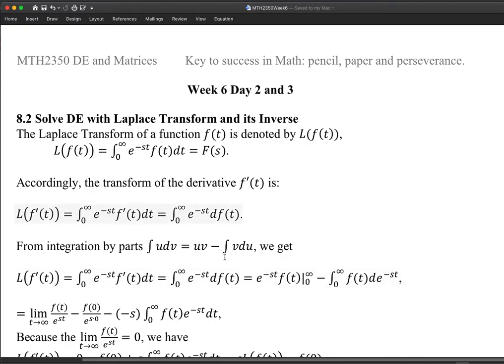Certainly this is an improper integral, so u times v is still evaluated using the fundamental theorem of calculus. Okay, and this time let's assume, because t is approaching infinity, also let's say s is positive. So indeed the exponential term is at the bottom.